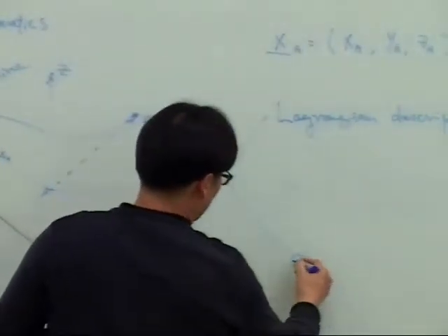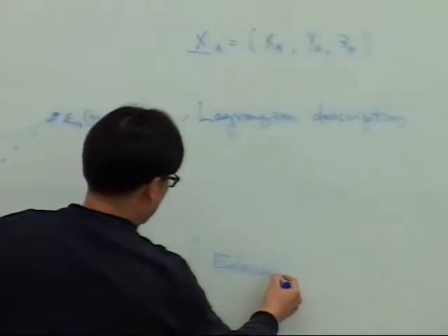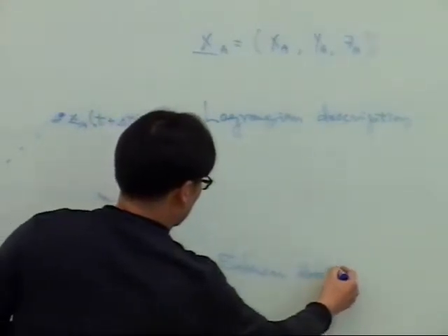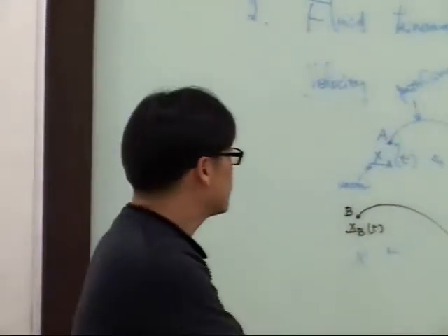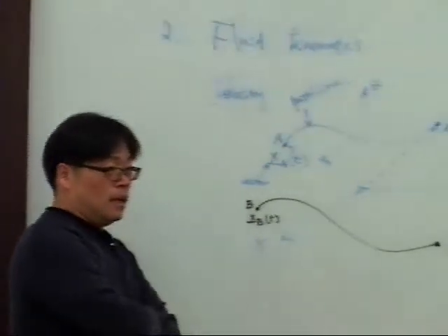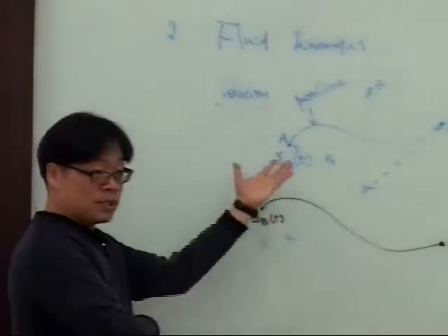And the other one is Eulerian. The Lagrangian description is what I just mentioned.